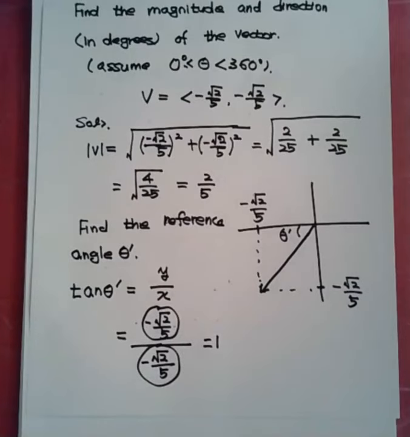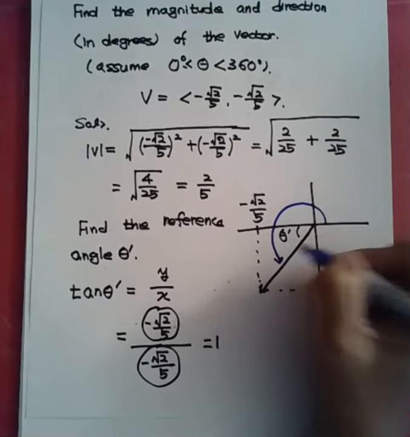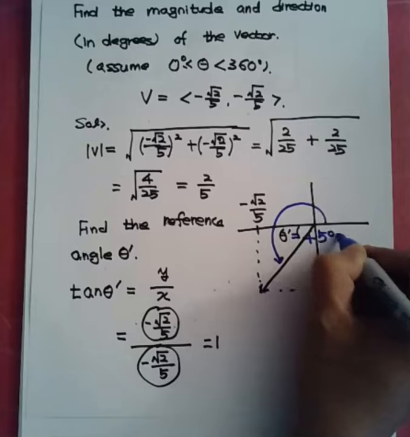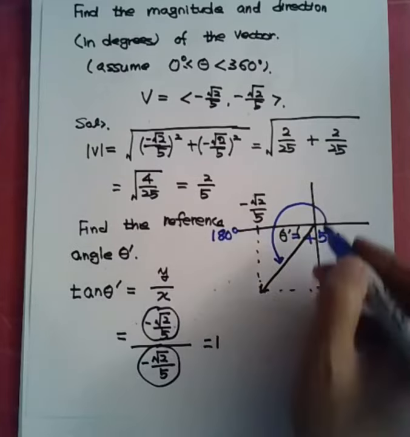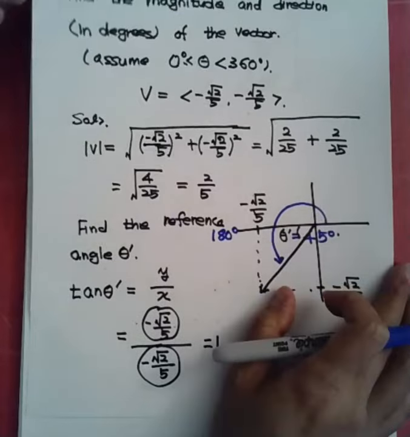Now we have to calculate this angle. We know that theta prime is 45 degrees and this is 180 degrees. So when we add them up, we will get 225 degrees.